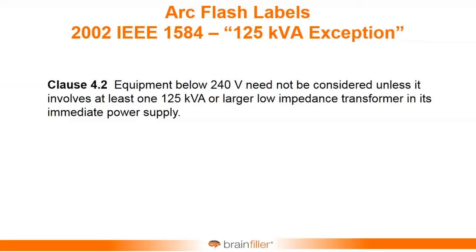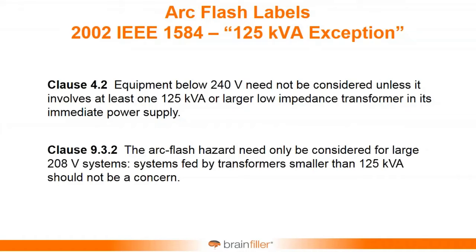And here's what we have with what I'm showing up here. Within 1584, there's language that says if you have equipment below 240 volts, it doesn't say 240 or less, it says below 240, you don't need to consider it if it's served by transformers basically less than 125 kVA, which doesn't really exist, so it's referring to 112.5 kVA transformers.